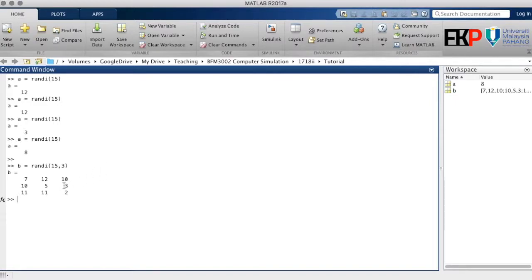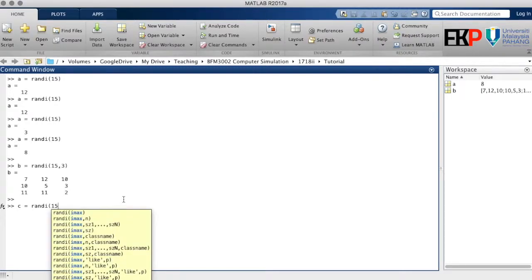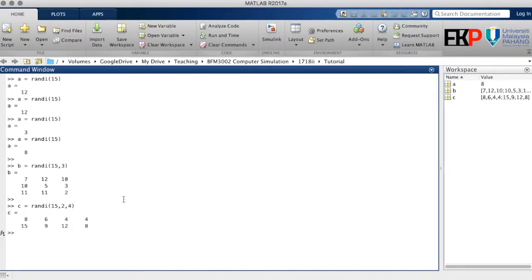So if we give randi of 15, 3 only, MATLAB will produce a 3 by 3 matrix, a square matrix that contains random numbers between 1 and 15. We can also type in randi, imax is 15, 2, 4, which will produce a 2 by 4 matrix of random numbers between 1 and 15.